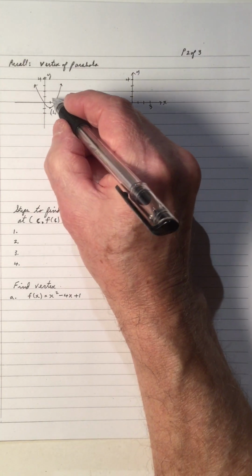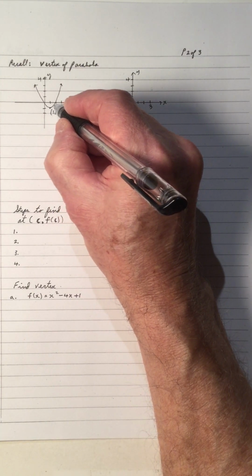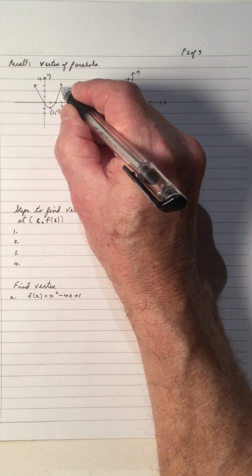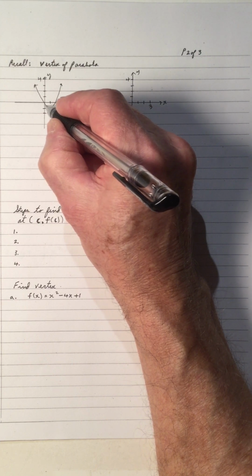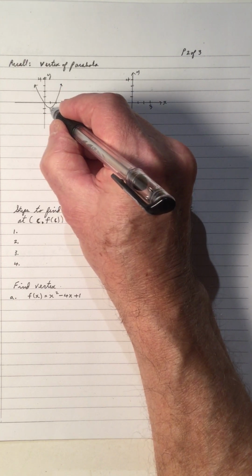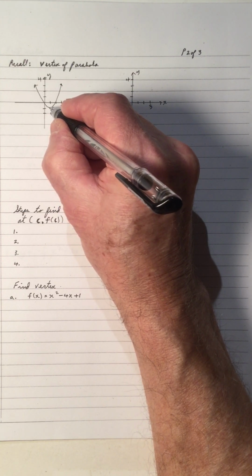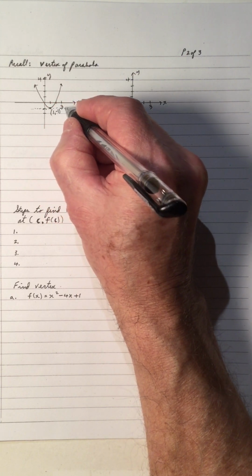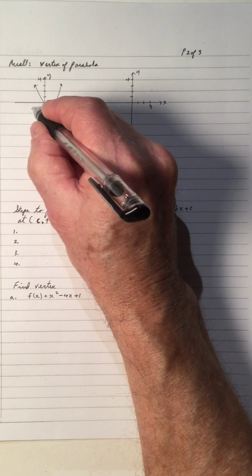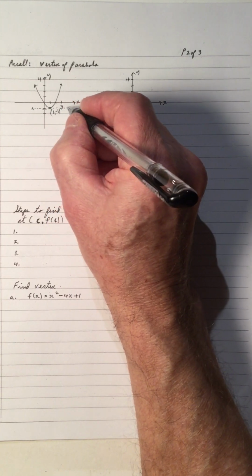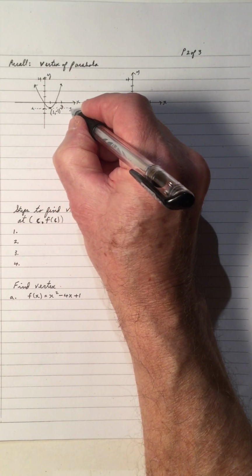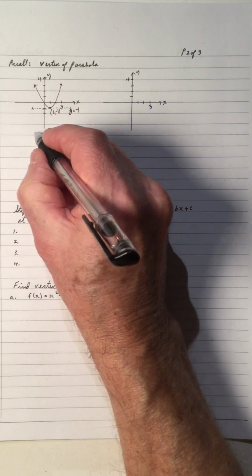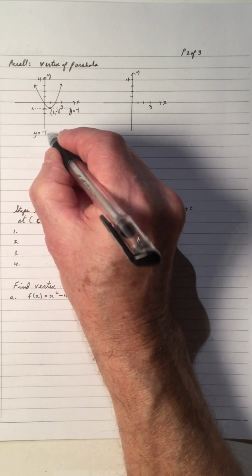And as you can see, on the right side the slope of this curve is positive, and on the left side the slope of the curve is negative. But at the vertex, if you draw a tangent through the vertex, the tangent is the line y equals -1.